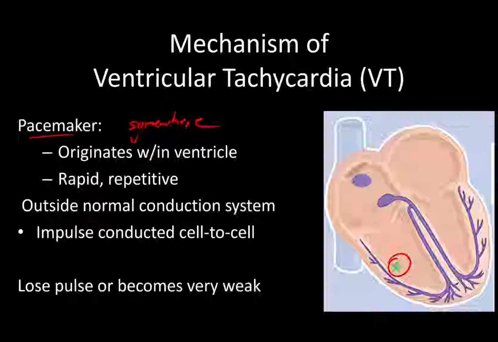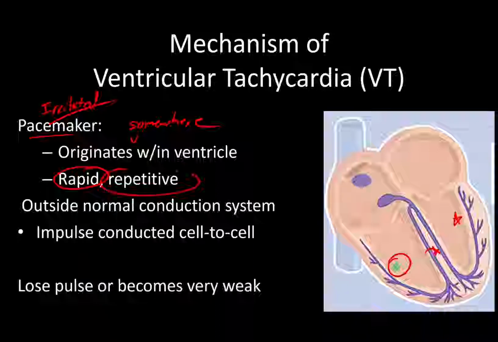It could be here, it could be over here, it could be right in the center, it could be in the front. It doesn't really matter. What's important is that when this pacemaker kicks in, this irritated site, it is rapid and repetitive. It is just firing as quickly as it possibly can.